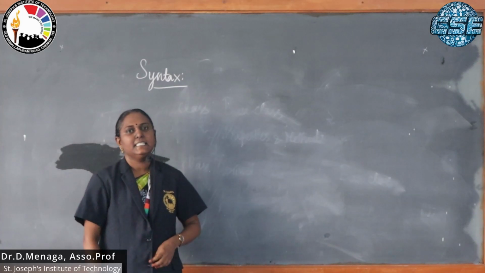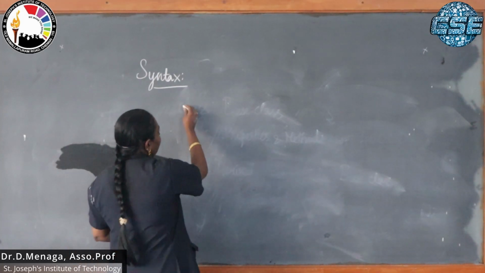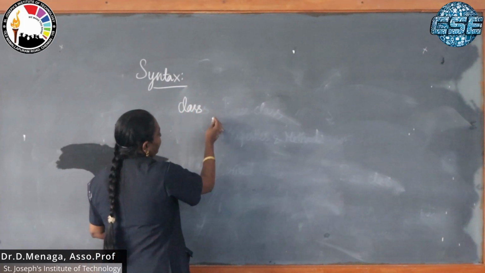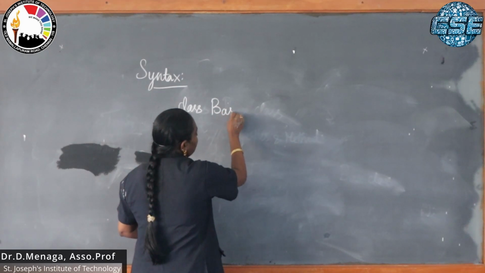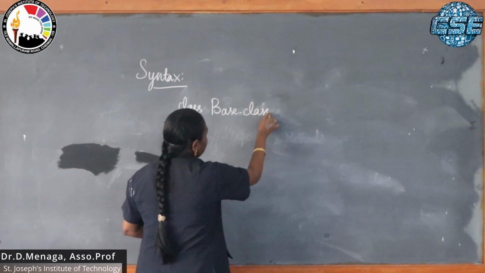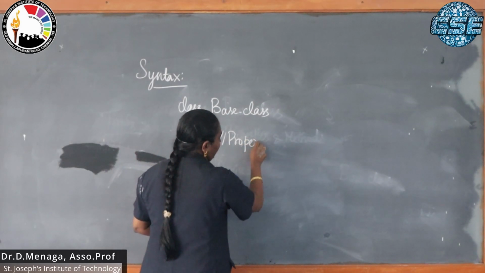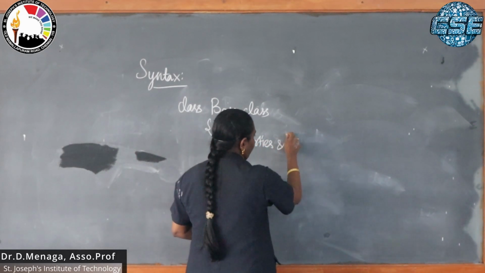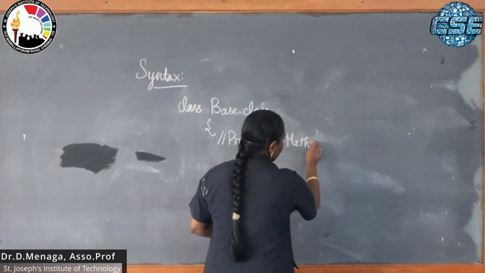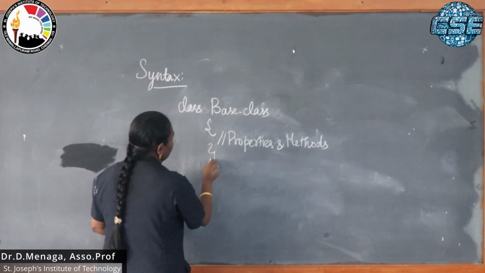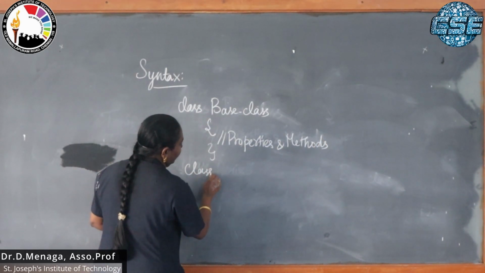Now let us see the syntax of inheritance. We will have a base class. In the base class you can have properties and methods. And then you have a derived class.